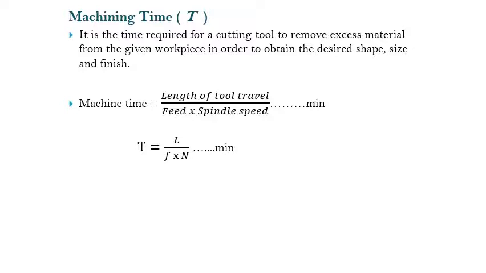Mathematically it is written as T = L / (f × N), where capital T is the machining time, how much time is required to finalize the component, L is the length of the tool travel, f is the feed, and N is the spindle speed. We will get the machining time in minutes.